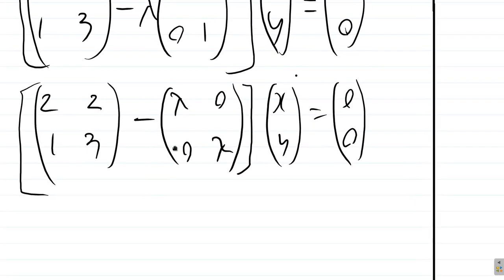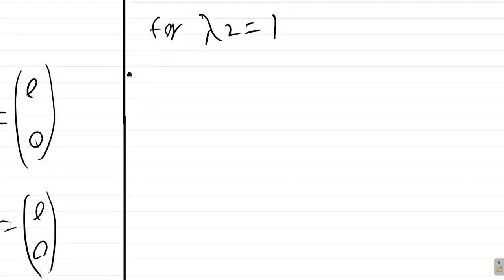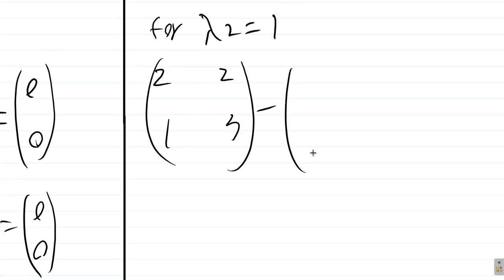It's really this general equation: the matrix 2 2 1 3 minus, it was lambda 0, 0 lambda, but since lambda is 1, I'm going to change the lambdas here to 1, so 1 0 0 1. Alright, so that's what we have there.